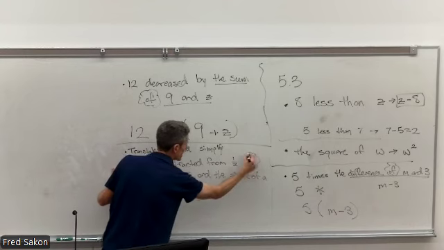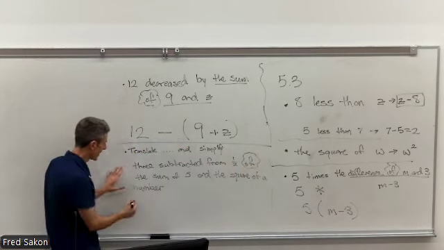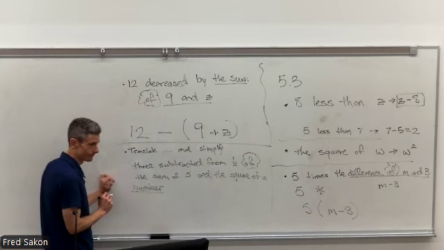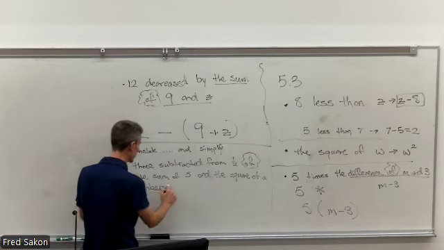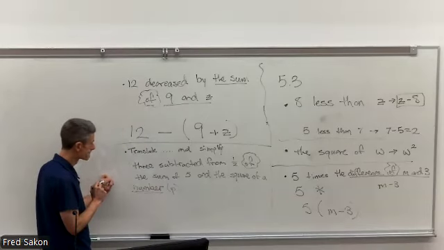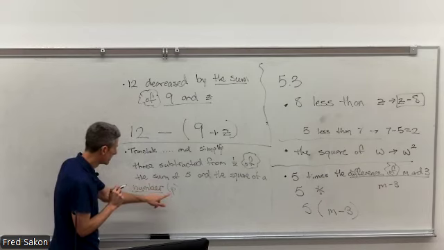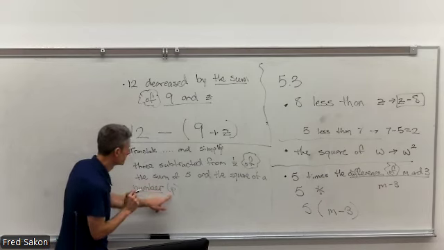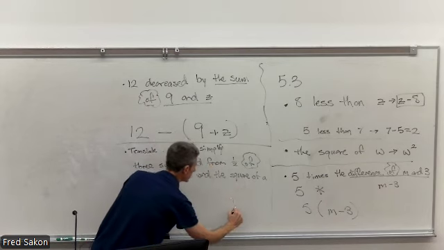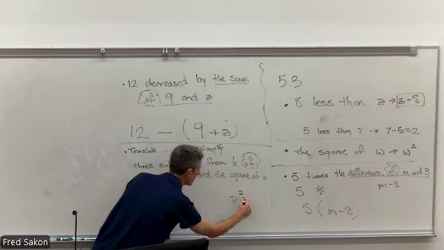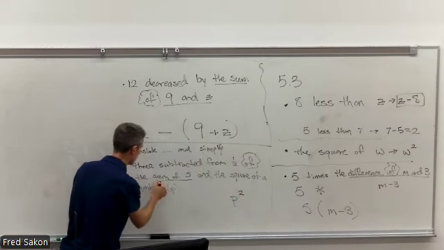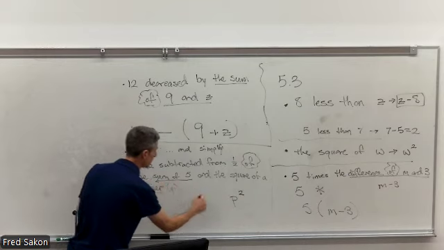Let's focus on this part and the fact that we're not given a letter. So you choose your favorite letter. I'm going to say p for that number, okay? I'm going to square that number, and that is summed with 5.